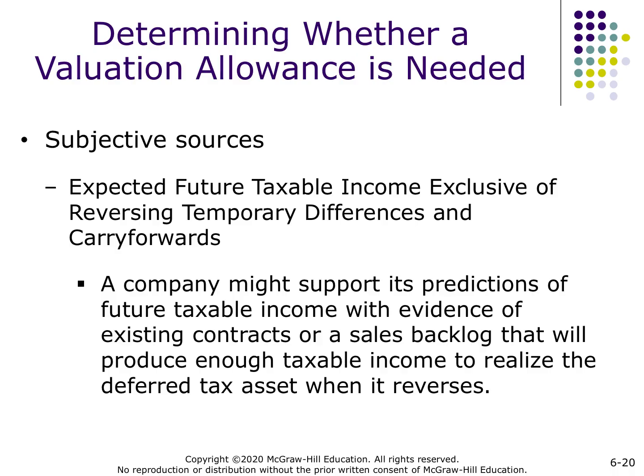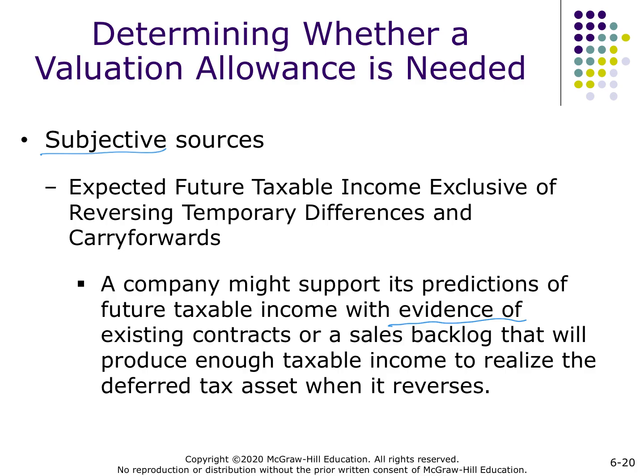Now, there are also subjective sources, and they also give you a way out of having to have a valuation allowance. The fact that these are subjective tells us that they are somewhat based on your perspective.